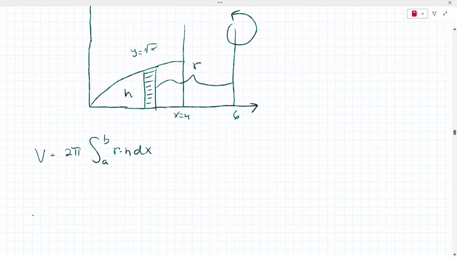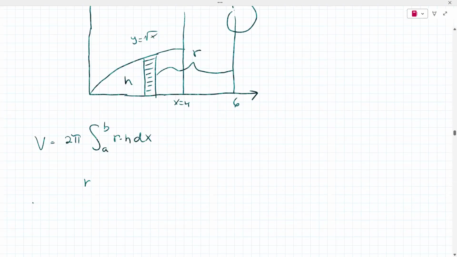So the radius represents the vertical slice to the axis of revolution.